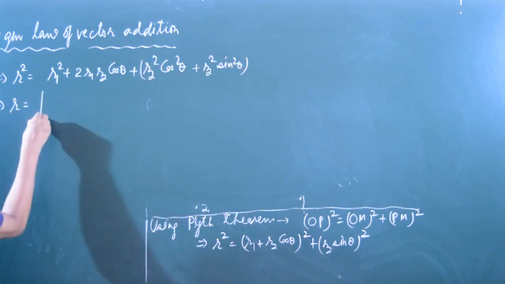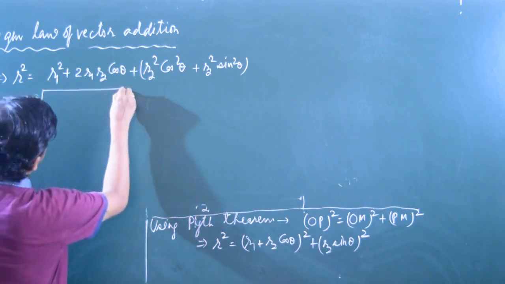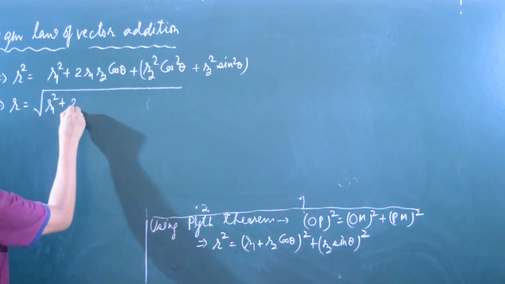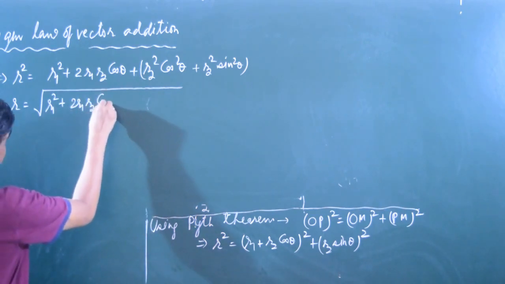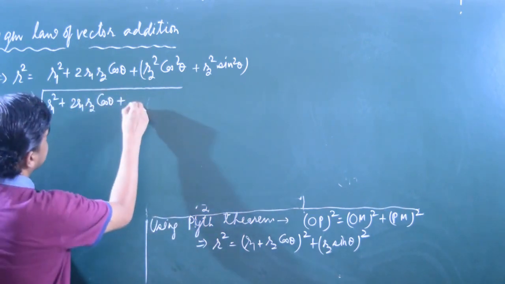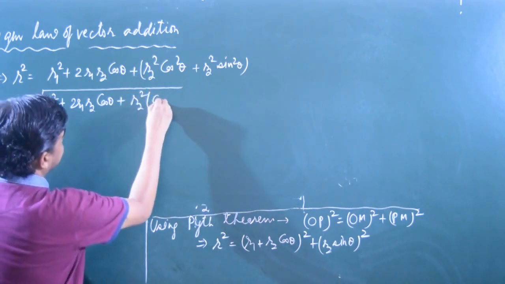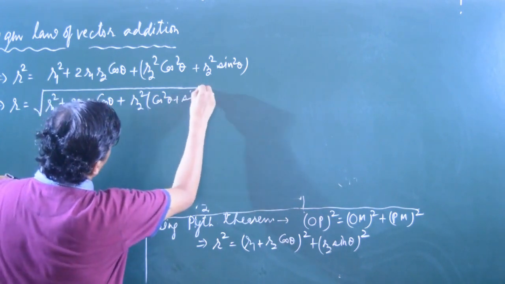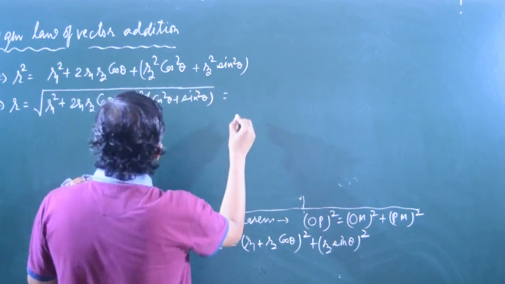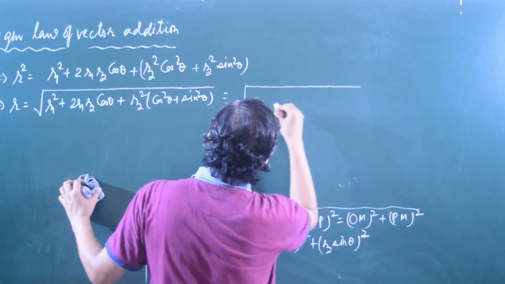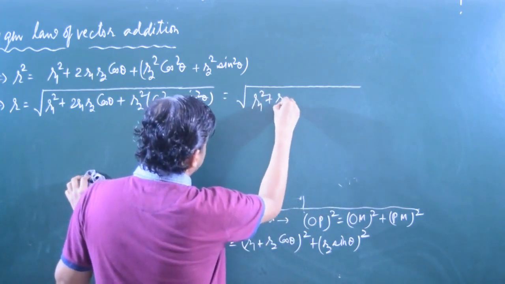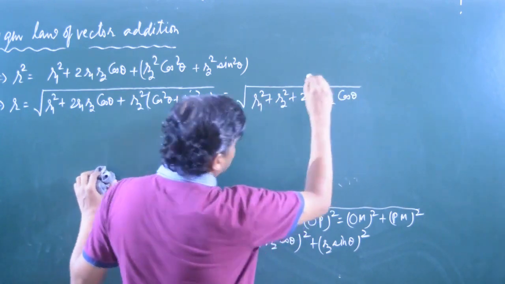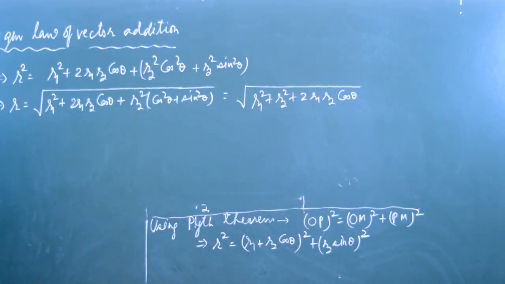Okay, now say R we have under root R1 square plus 2 R1 R2 cos theta and plus R2 square is taken common, cos square theta plus sin square theta. This result is what? Always 1. To get this result, under root R1 square plus R2 square plus 2 R1 R2 cos theta. So this result we get here.